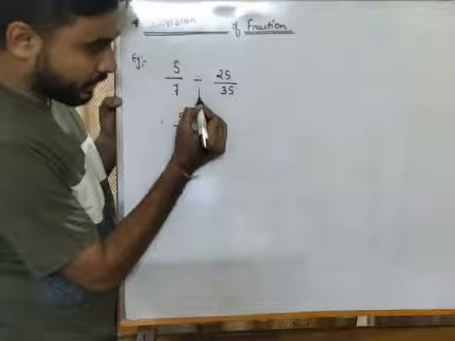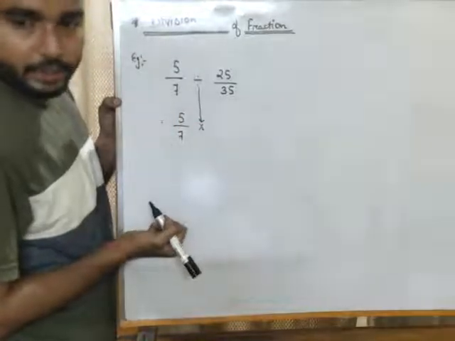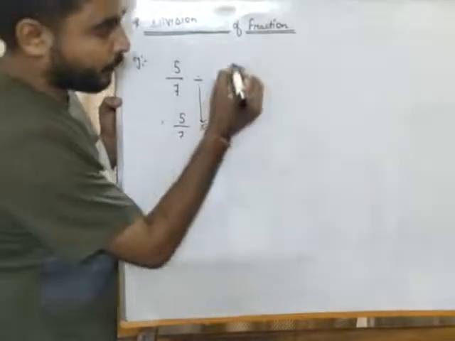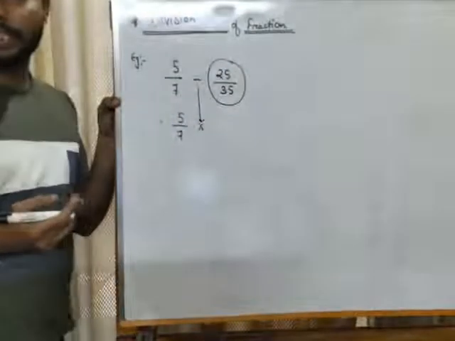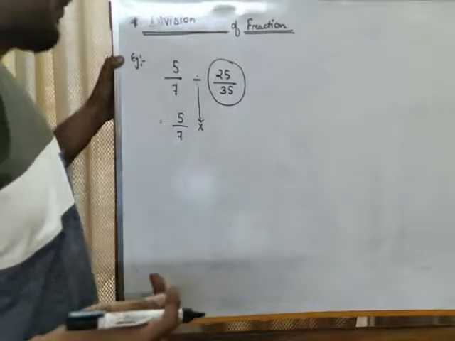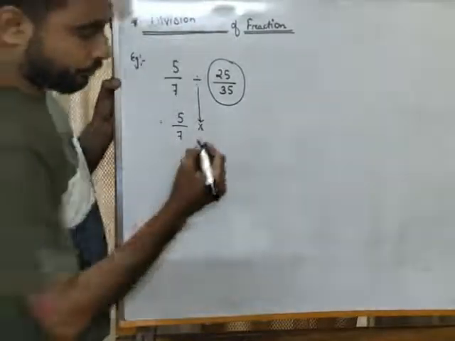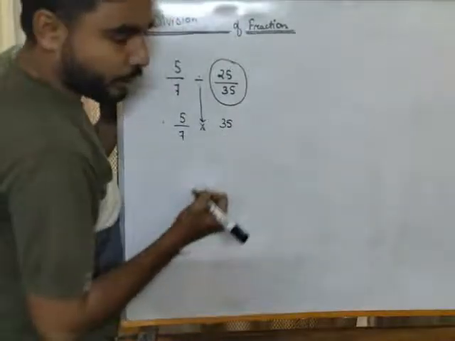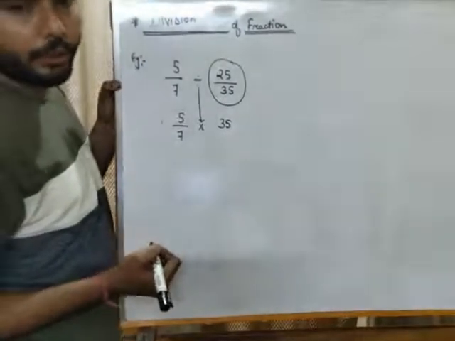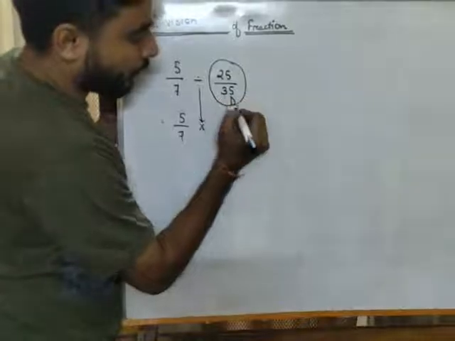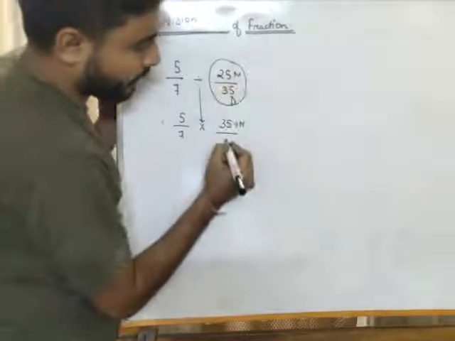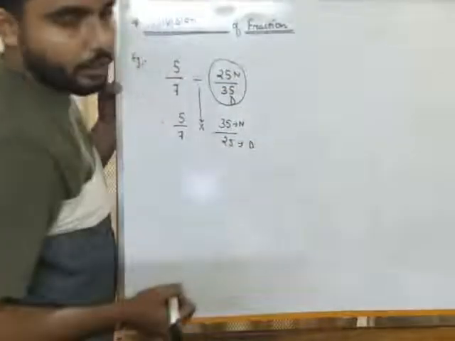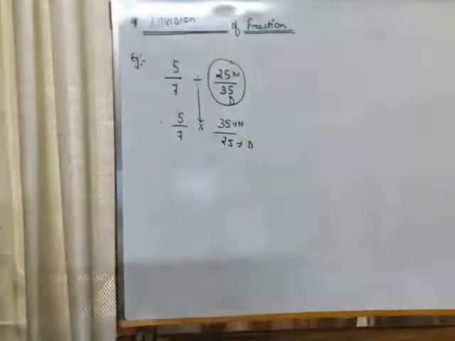When you turn the division sign into multiplication, you make it yourself. So what you have to do is reciprocate. The number after the division sign, the fraction that is there, you reciprocate it. Reciprocating means the numerator becomes the denominator and the denominator becomes the numerator. For example, here 35 was the denominator and has become the numerator, and 25 was the numerator and has now become the denominator. This is called reciprocating the fraction, interchanging the denominator and the numerator.